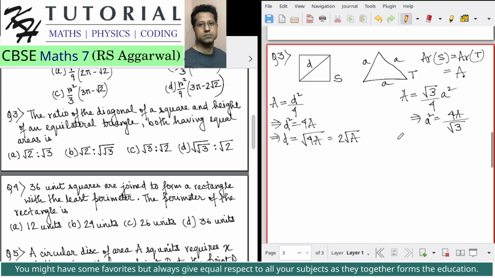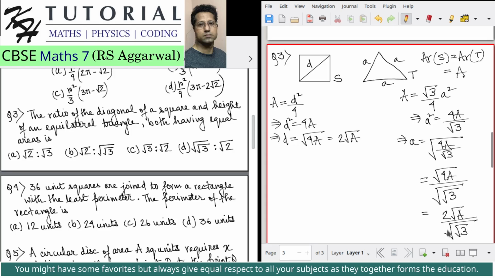This implies that a is equal to square root of 4A by square root of 3, which is equal to 2 square root of A divided by square root of 3.